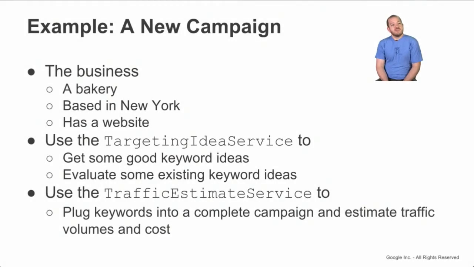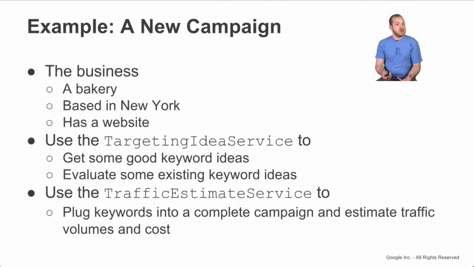So in the following slides, here's the idea that we're going to be working with. The business in question, we're going to assume, is a bakery based in New York City, and it has a website already on the internet somewhere. And so what we're going to do is walk through an example that shows how you can use the Targeting Ideas service to get some good keyword ideas for this bakery and evaluate some existing keyword ideas that you may already have.